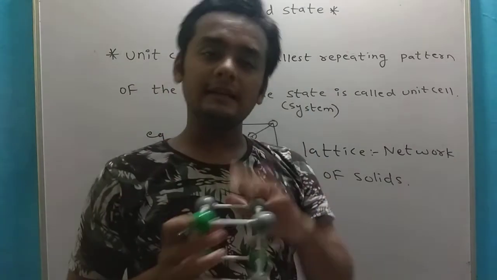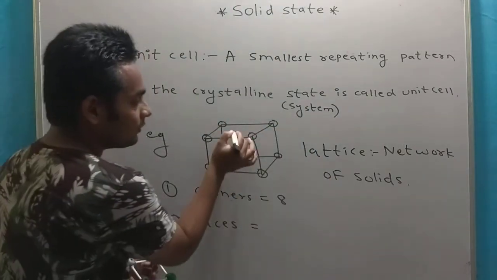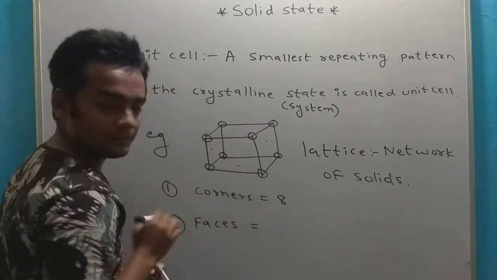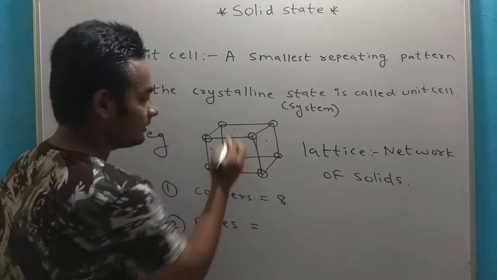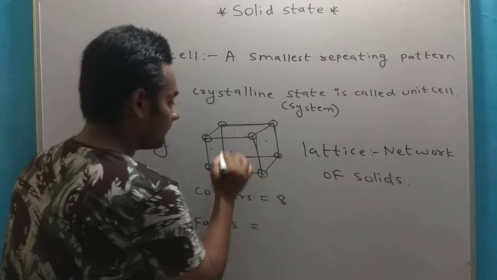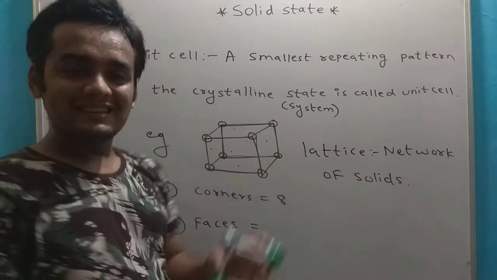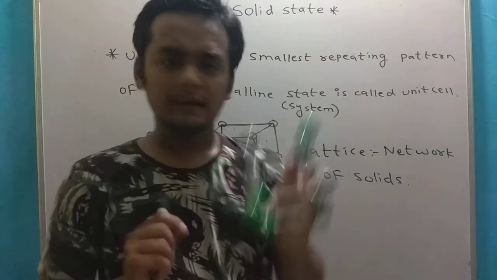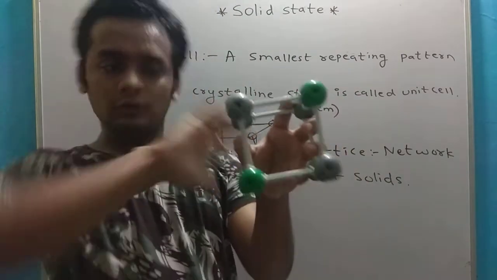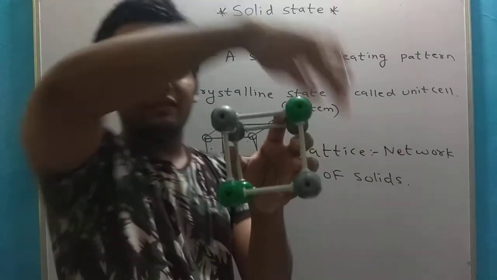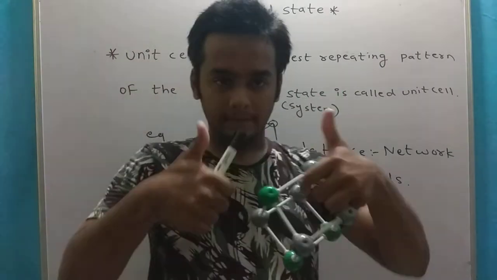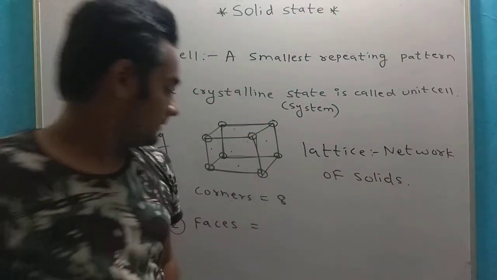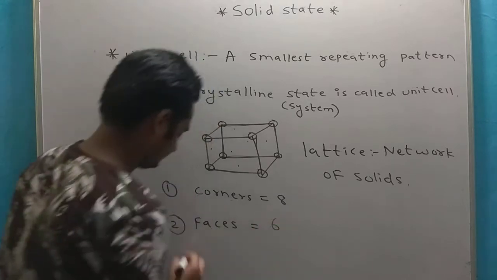How? Look here, 1 2 3 4, this is the front one, 5, and this is the back one, 6. So how many faces are there? 6. Correct? Have you understood? Okay, there are 6 faces.